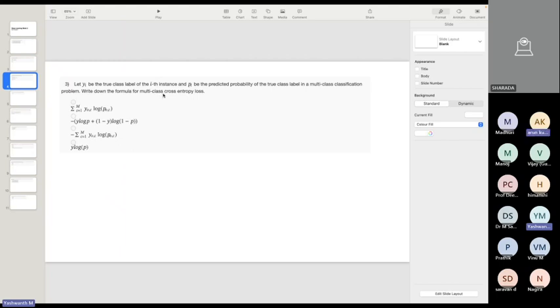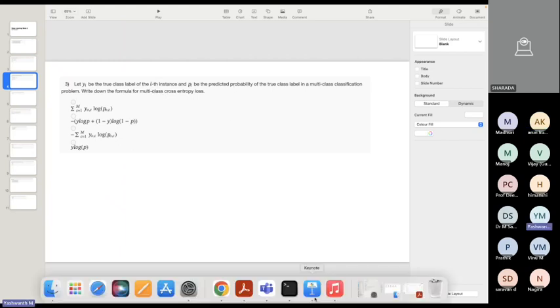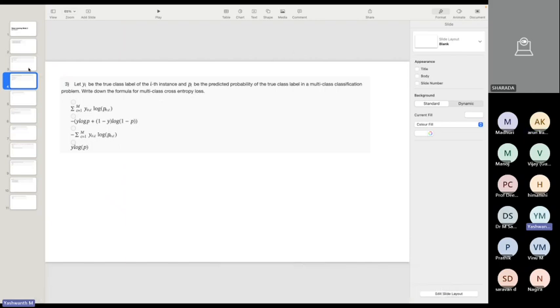Right. So this is a multi-class classification problem. So it's the same thing. It is the same as the previous question, but now you have more than, say, two classes. So it's the multi-class typical cross entropy loss. Right? So which of these is correct? Basically, this is the right answer.